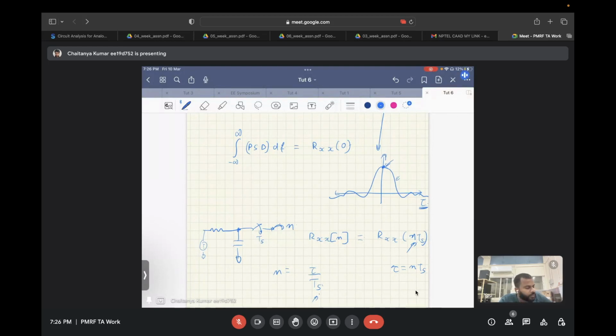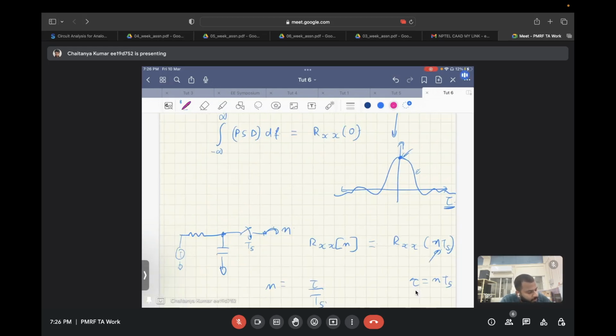So what happens over here is, this is the thing we get. This shown in pink is the discrete time autocorrelation function, correct?